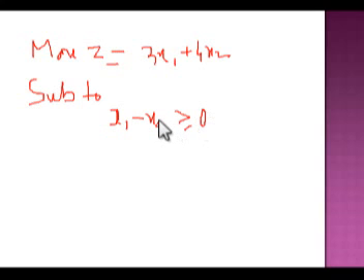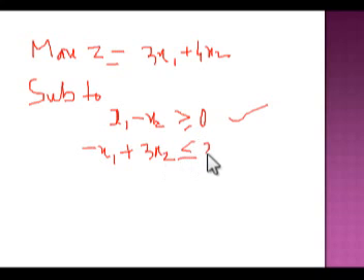I am not transforming it into less than or equal to because it is a problem of maximization. Otherwise the constraint should be transformed to less than or equal to, but it does not matter. And the other is minus x1 plus 3x2 less than or equal to 3. x1 and x2 are greater than or equal to 0.